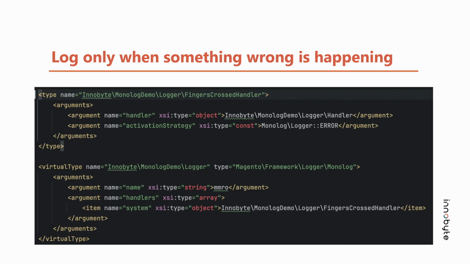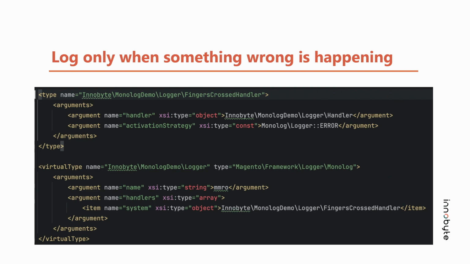The second argument is something that can be set on each handler, starting from which level you want to log on that stream, on that handler. In this case, I set error.